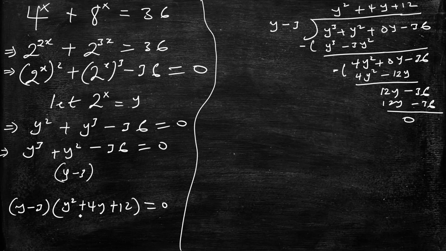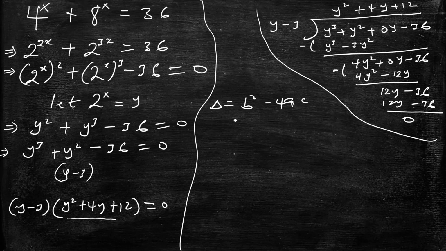Let's test whether we get real values here. Let's use the discriminant to test before: b squared minus 4ac. My a here is 1, my b is 4, my c is 12. So we have 4 squared minus 4 times 1 times 12.